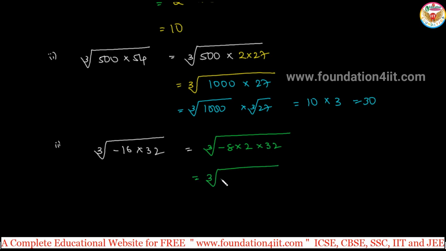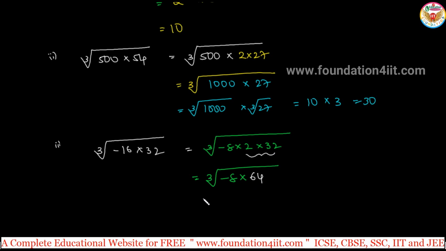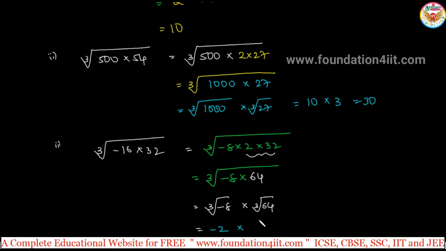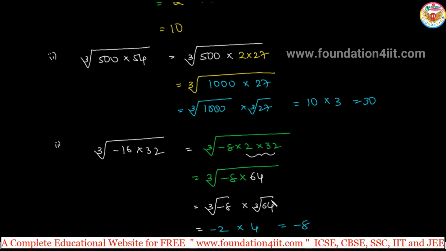Multiply these: 2 into 32 is 64, and 64 is a perfect cube. Now cube root of minus 8 and cube root of 64. We know that cube root of minus 8 is minus 2. Cube root of 64 is 4, because 4 into 4 is 16, 16 into 4 is 64. Minus 8 is the final answer. So even if it is negative or positive, we can do it separately. If it is a perfect cube, we can directly find it.